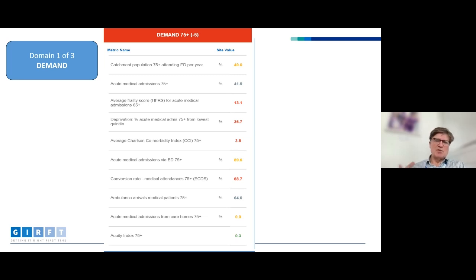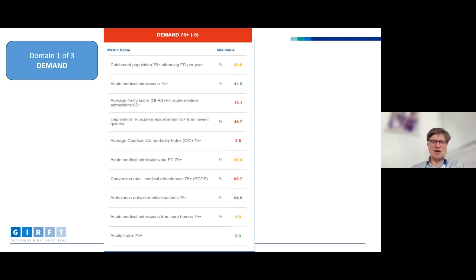So immediately, if I'm going to a hospital where the answer is 55%, I make sure the senior leadership is well aware that frailty care is a central business for their trust. So we look at acute admissions over 75 and the average frailty score using the hospital frailty risk score, conversion rate, and so on and so forth. It's all relatively standard stuff.